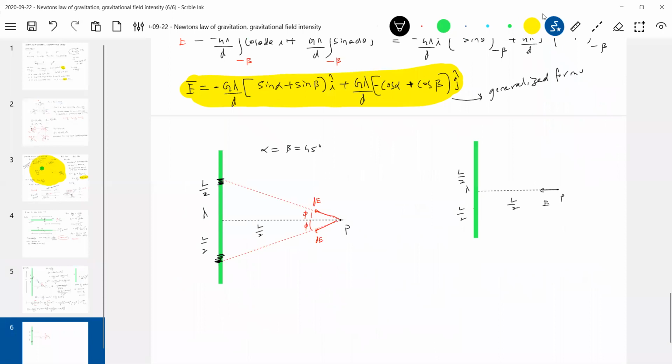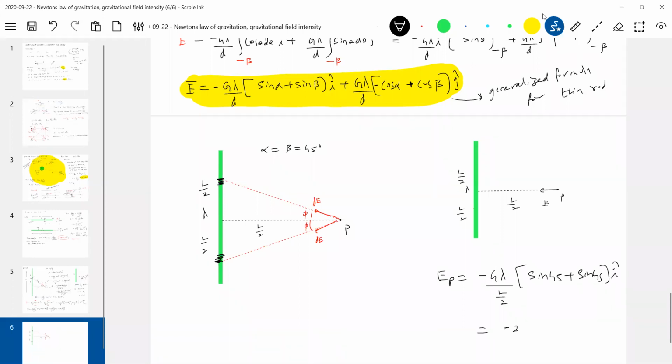Generalized formula for a thin rod. I think it's justified: alpha equal to minus cos alpha plus cos beta, cos 0, and the net will be this much. So what is the field at point P now? According to this formula, minus g lambda L by 2 (sine 45 plus sine 45) I cap.